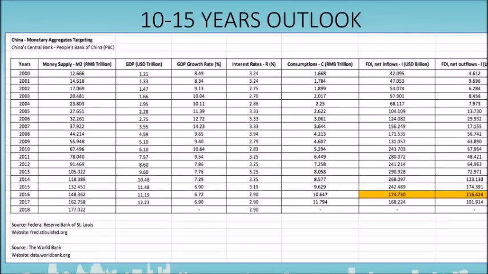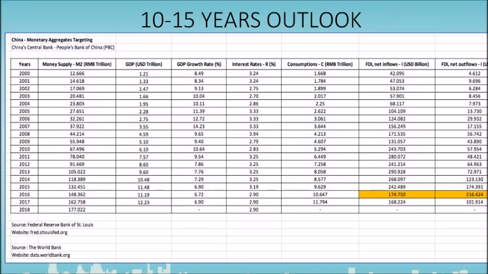Now we look at the 10 to 15 years of China's economy outlook. As we can see here, China's money supply M2 keeps on increasing from year 2000 until 2018. The GDP also increased from 1.21 trillion in 2000 up until 12 trillion in 2017.